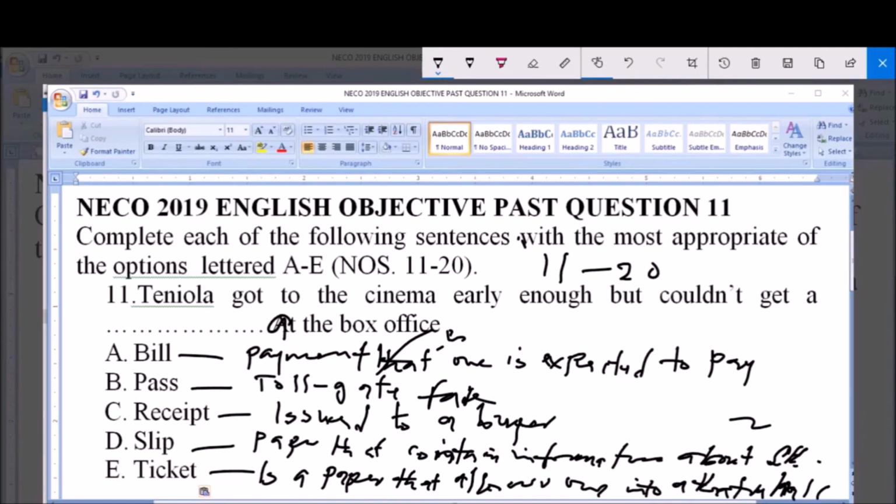So by this sentence we find out that cinema here is the same as theater hall or theater house.